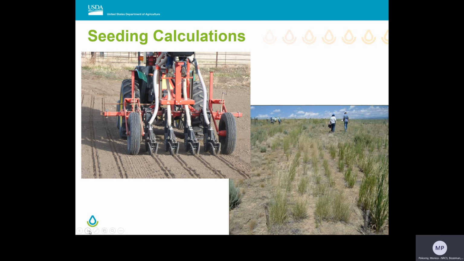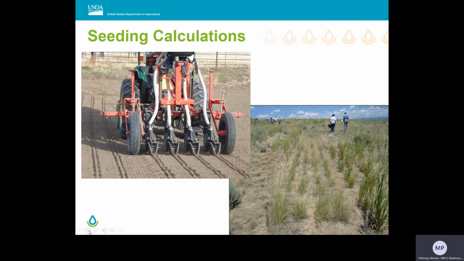For example, if you're using a drill seeder versus a broadcast seeder, you might need to make adjustments if you have a drill seeder that has different row spacings. You might need to make seeding calculations based on seed size or the site conditions, for example, if it's a critical area that you're seeding.